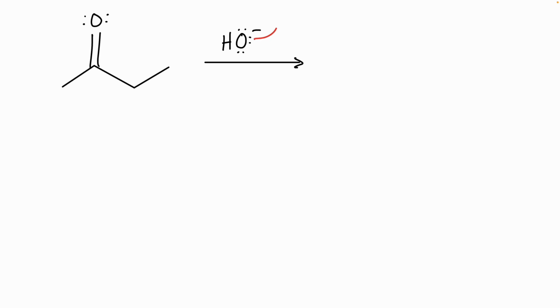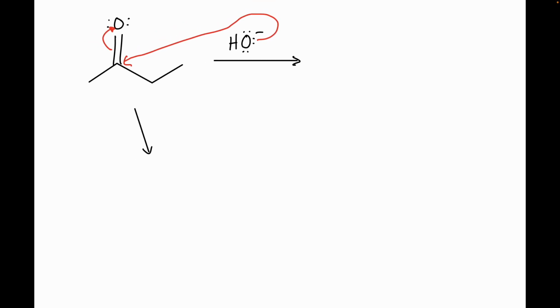Just like before, our nucleophile is going to attack that electrophilic carbonyl carbon, and we're again going to get that tetrahedral intermediate. At this point, we're stuck with that alkoxide ion with its negative charge.